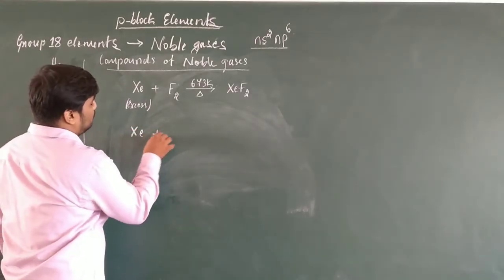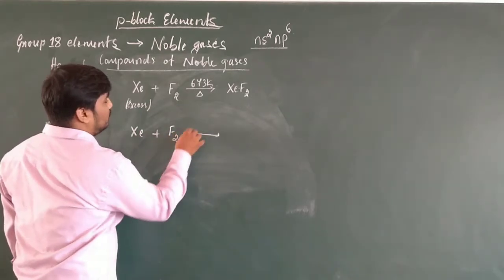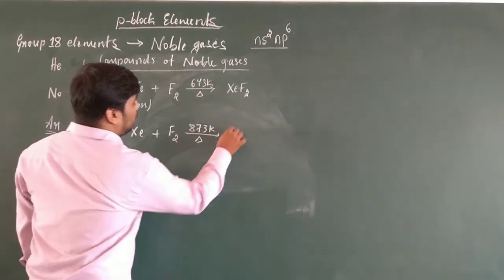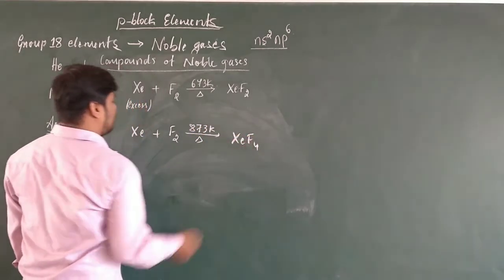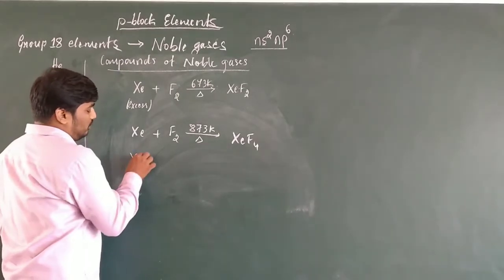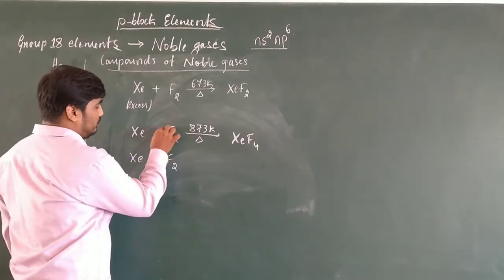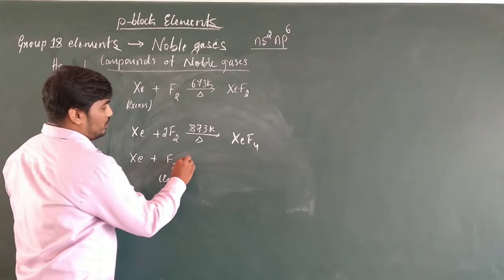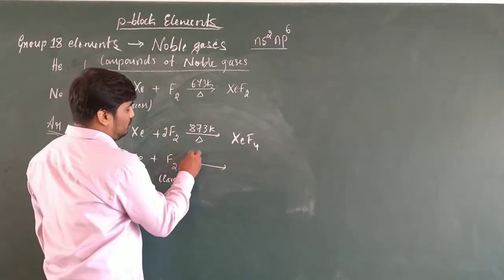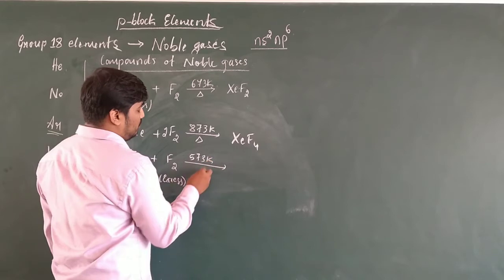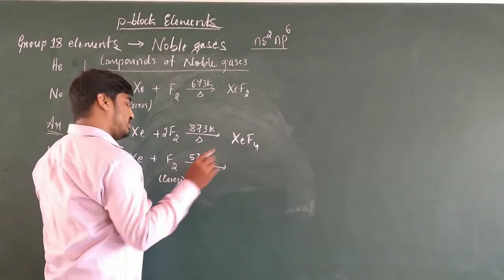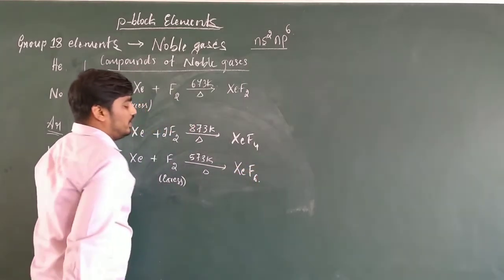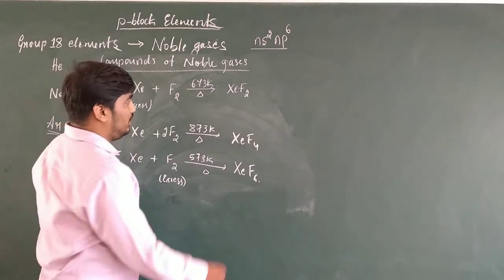When xenon reacts with fluorine around 873 Kelvin, they form xenon tetrafluoride. And when xenon reacts with excess fluorine around 573 Kelvin, a higher temperature is not needed in this case, it forms one stable compound, xenon hexafluoride.